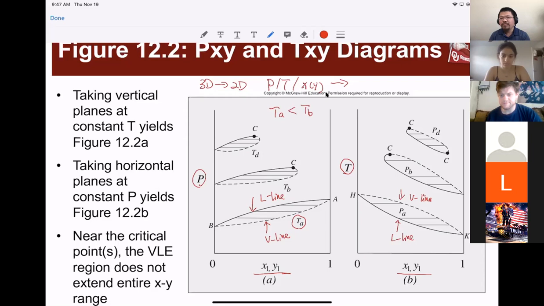That is the answer, right? And it should be quite easy to see because we don't have any critical temperature over here. We don't have any critical condition over there. But if we move from TA to TB to TD to TC, then we are going to have the critical. So we are getting closer to the critical region. So that's how you try to convince yourself that the temperature is increasing.